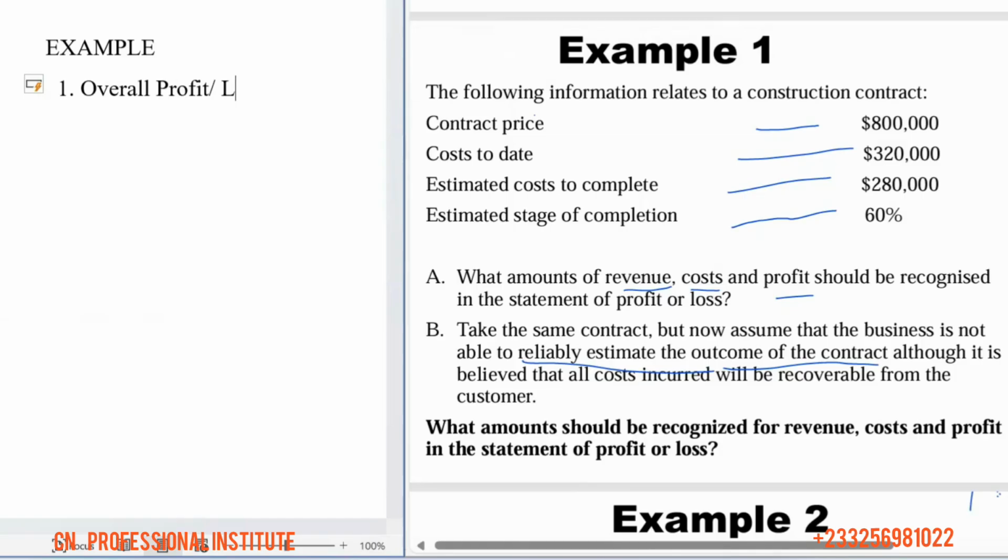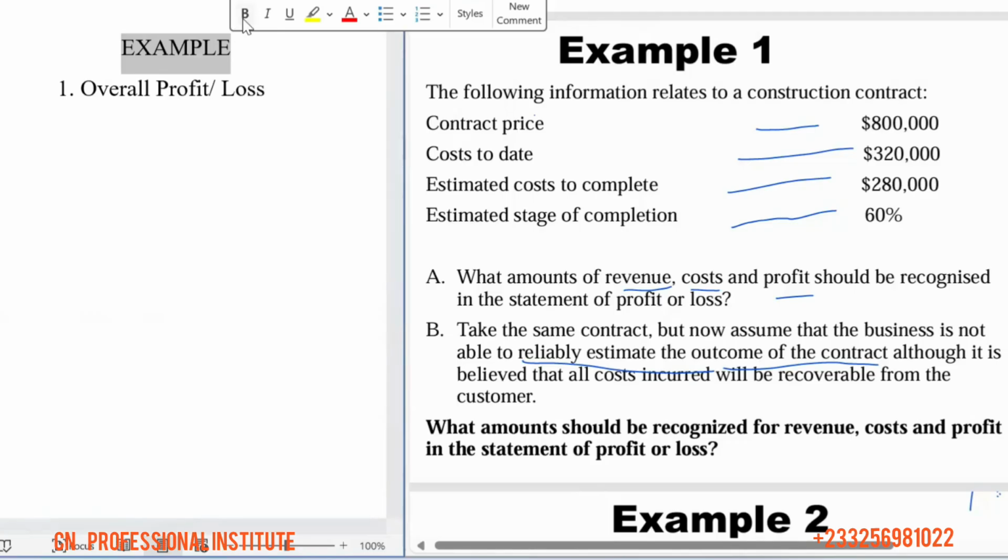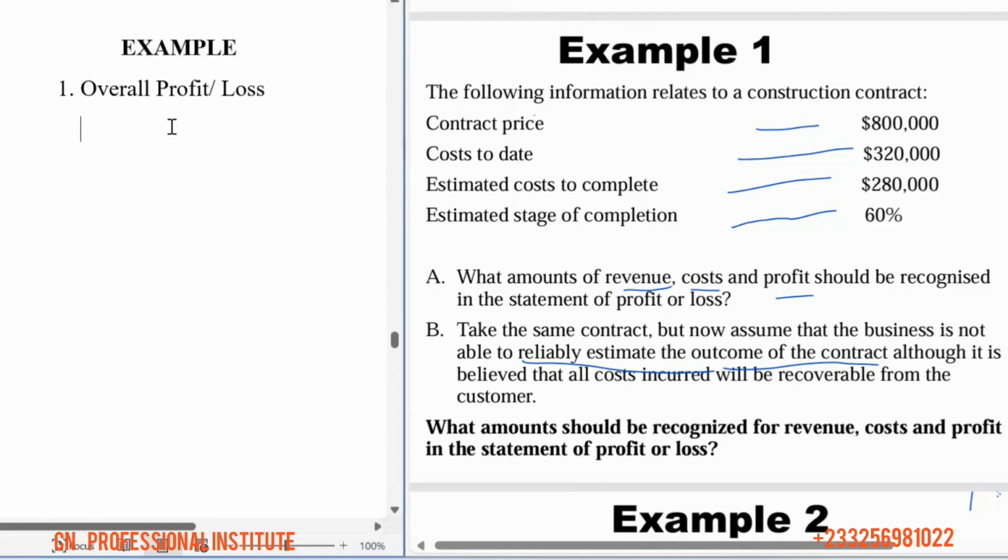Why do we do that? We've learned the reason for doing that. We said sometimes there could be overall contract loss, and that will lead to what we call an onerous contract, right? So we first of all determine if there's overall contract loss. If there's overall contract loss, then we apply the rules to recognize all the loss immediately, right?